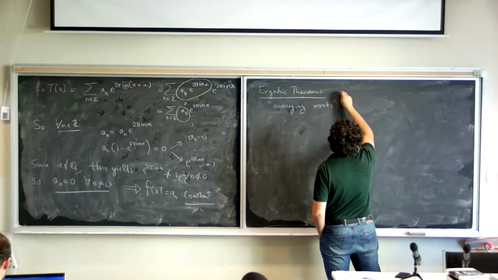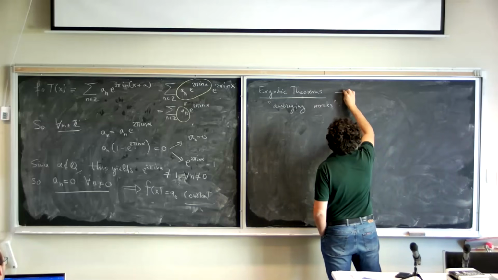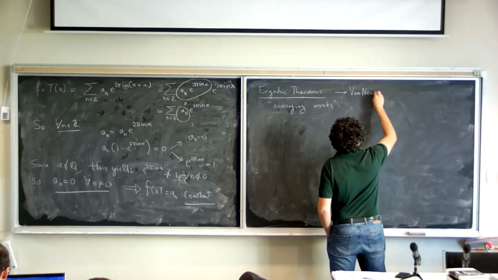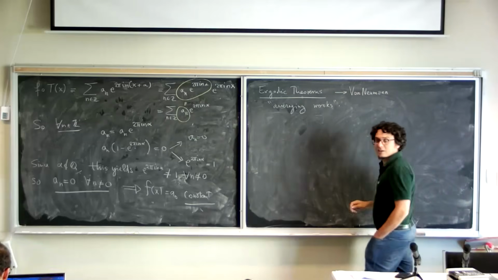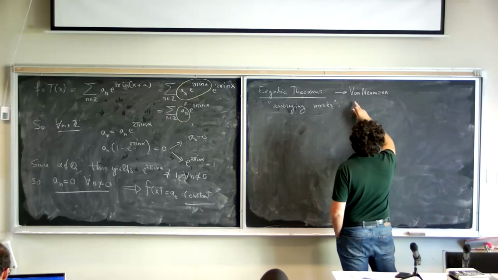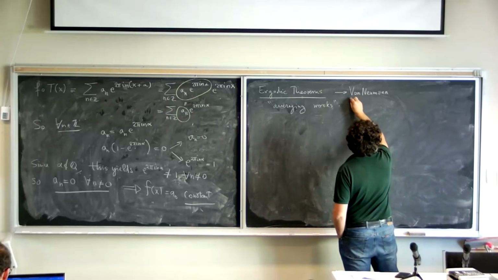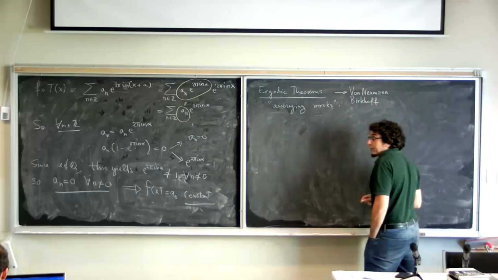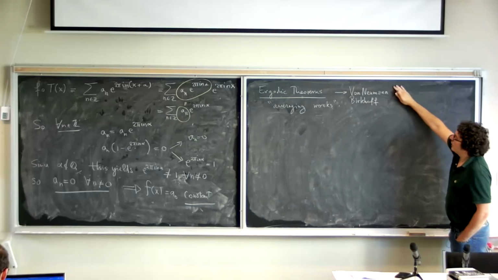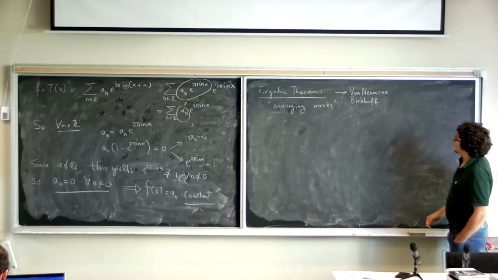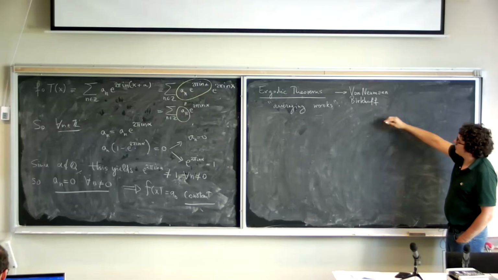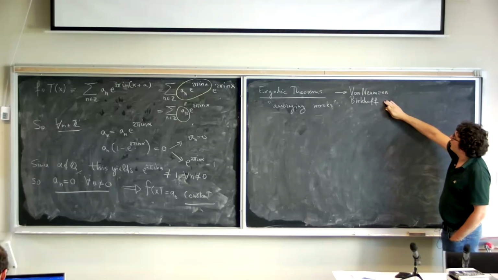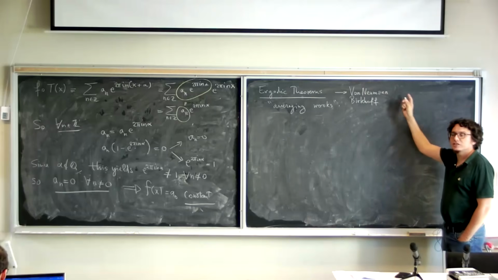There are several with different names. Historically, the first one is due to von Neumann. Then the most famous one is due to Birkhoff. There is a very interesting sociological story here: it looks like Birkhoff didn't want to publish von Neumann's result.